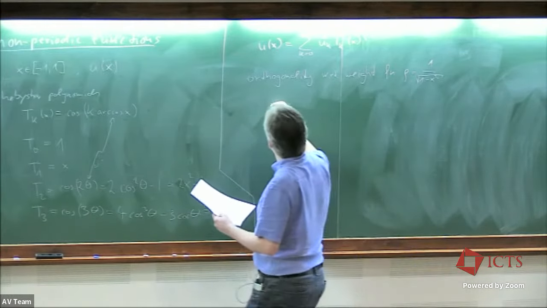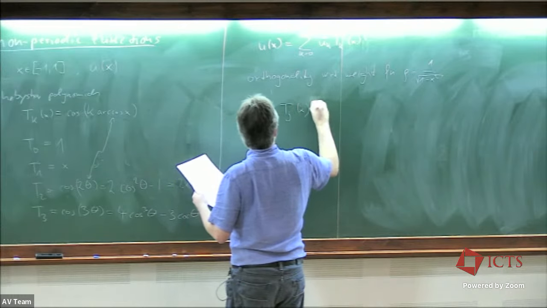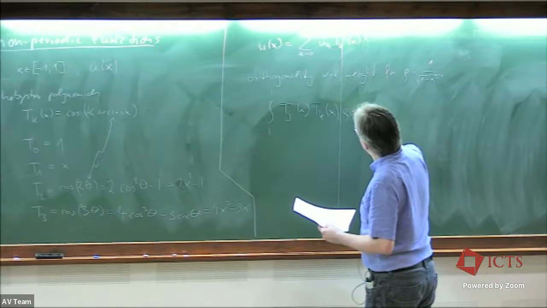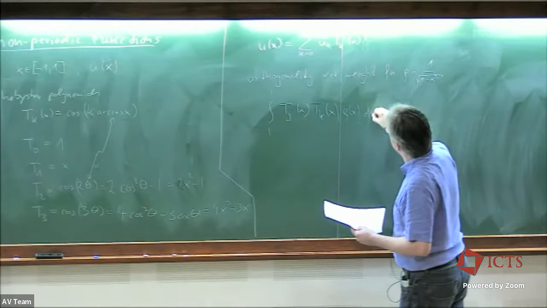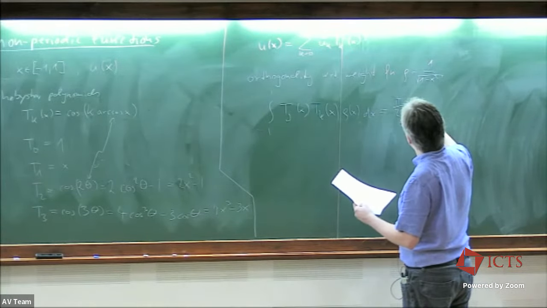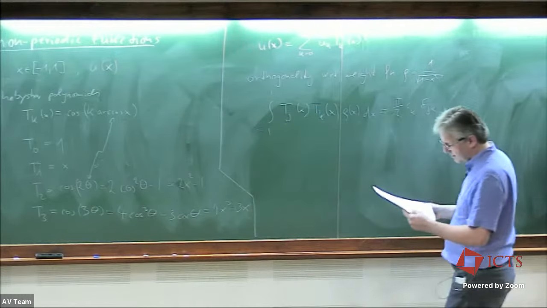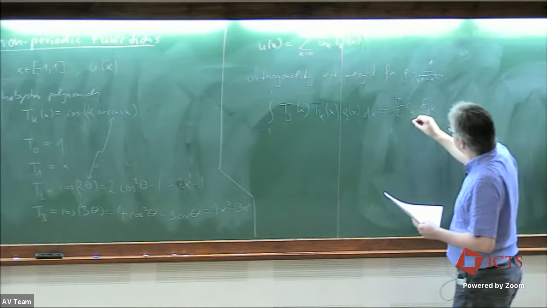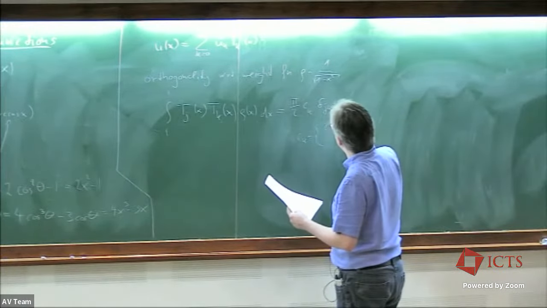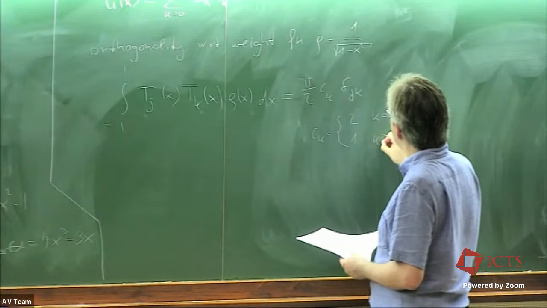So the identity that holds for Chebyshev polynomials is: if you take two of them, T_j of x and T_k of x, and you integrate them multiplying by the weight function as well, dx, then we get pi over 2 c_k delta_jk. And the c_k is one of these nasty little convenience numbers that unfortunately shows up. It's 2 if k is 0, and it's 1 if k is any other value.